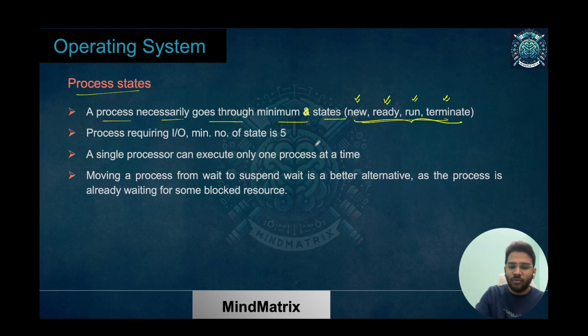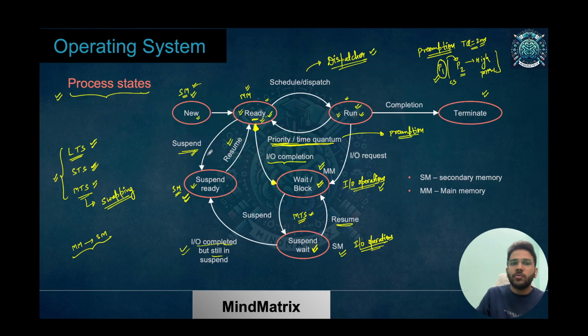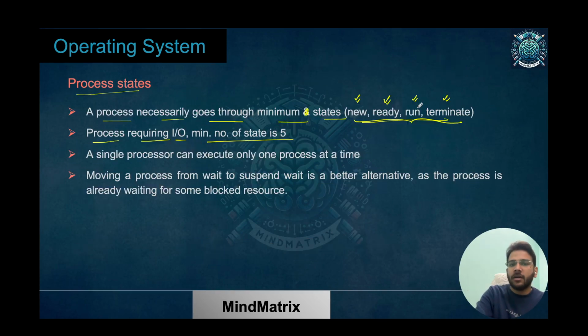Then for processes requiring input output, the minimum number of states is 5. If your process needs to perform some input output operation, the states will be new, ready, run, then wait and block state, back to ready state, then run, and then complete. So a minimum of 5 states are required.